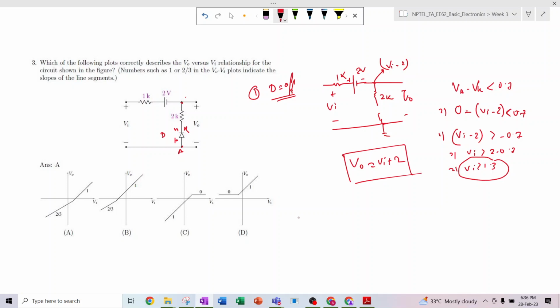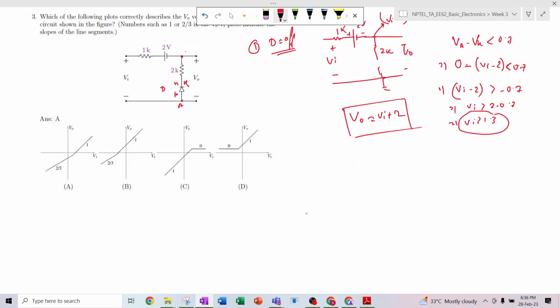Okay, and in the second case, consider the diode is on. So if the diode is on, here will be 1K, here will be 2 volt, this is plus minus, here will be 2K, right?